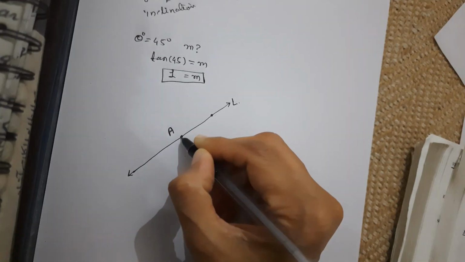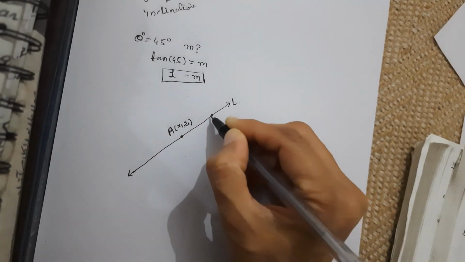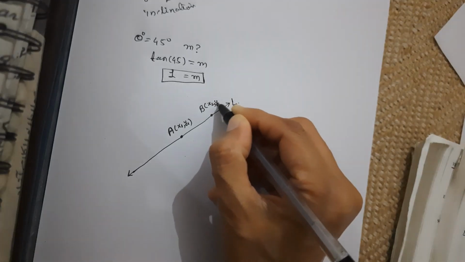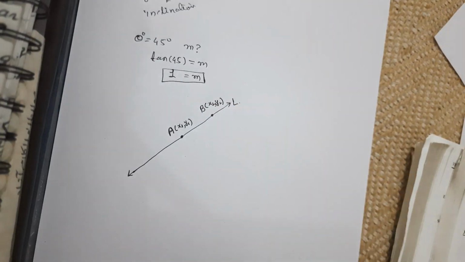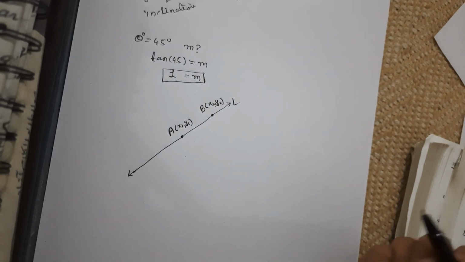I am naming this point A, with coordinates x1, y1, and this point B, with coordinates x2, y2. I want to calculate the slope of this straight line.